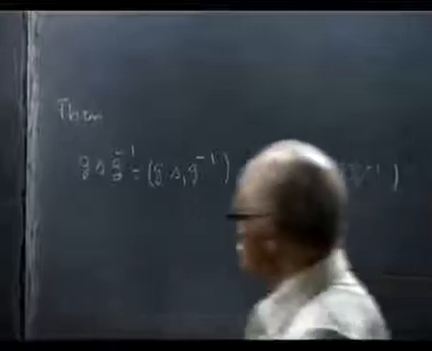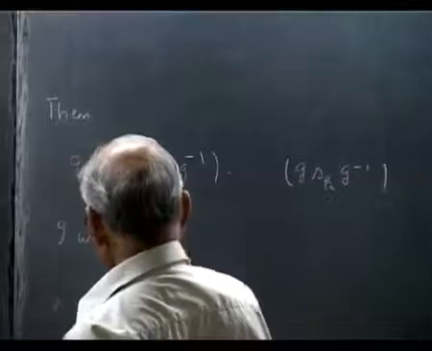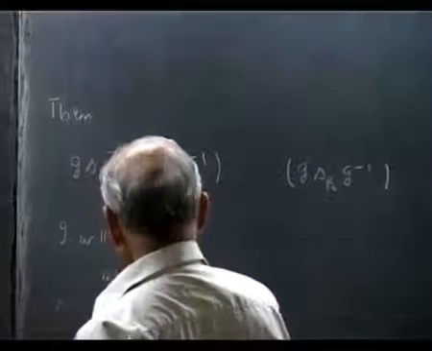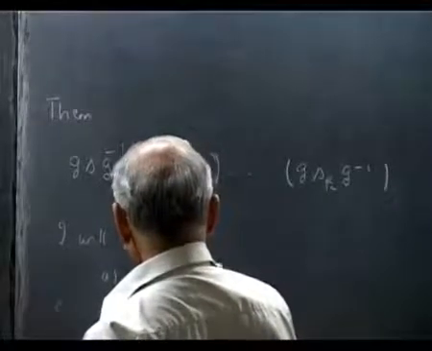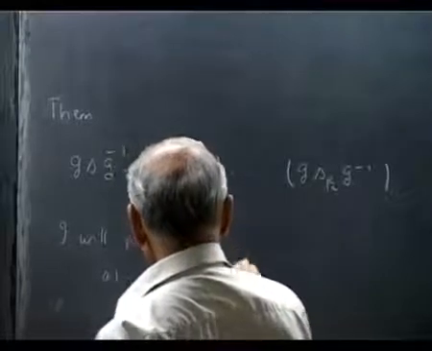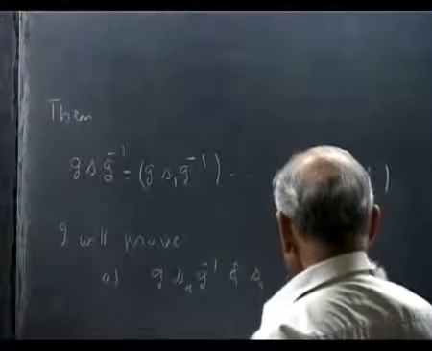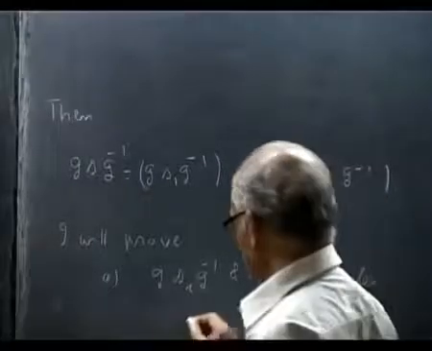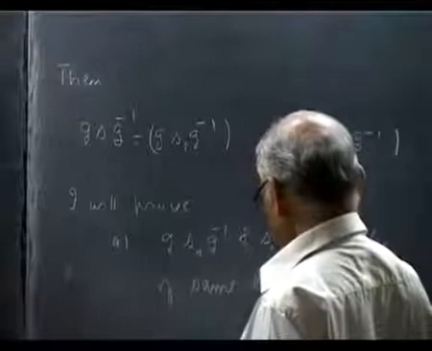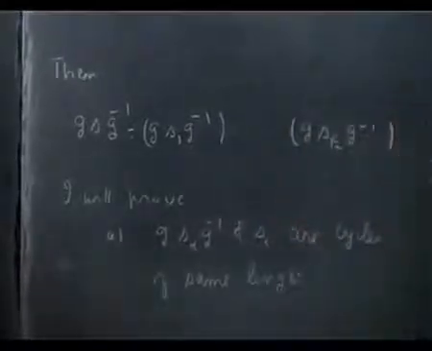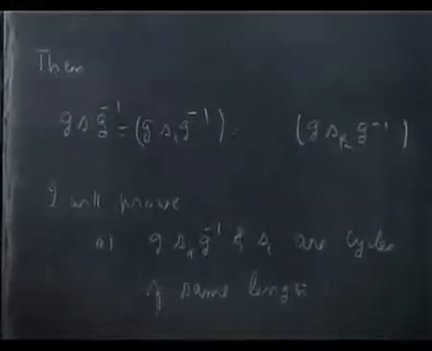So I will prove, A: for any g and any S_k in Sn, g S_i g inverse and S_i are cycles of the same length. Good, we will prove this.